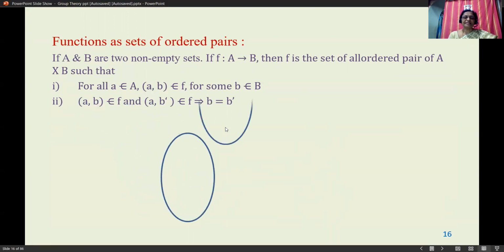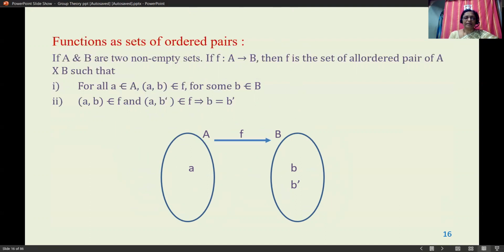So again, let us see this. Suppose A and B are any two given sets and f is a mapping from A to B. Then a is associated to b, that is, b is the image of a. So for all a belonging to A, I have chosen an arbitrary element here.